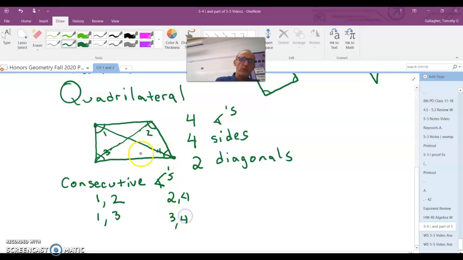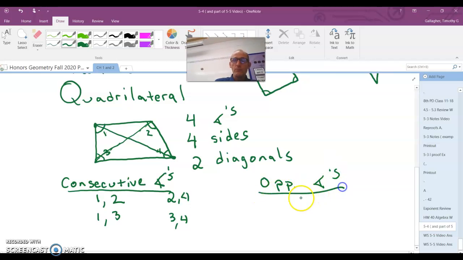And then there are opposite angles, which would be 1 and 4, 2 and 3. So the quadrilaterals have all these things: 4 angles, 4 sides, 2 diagonals, consecutive angles, and opposite angles. Those are the basics of your quadrilateral.